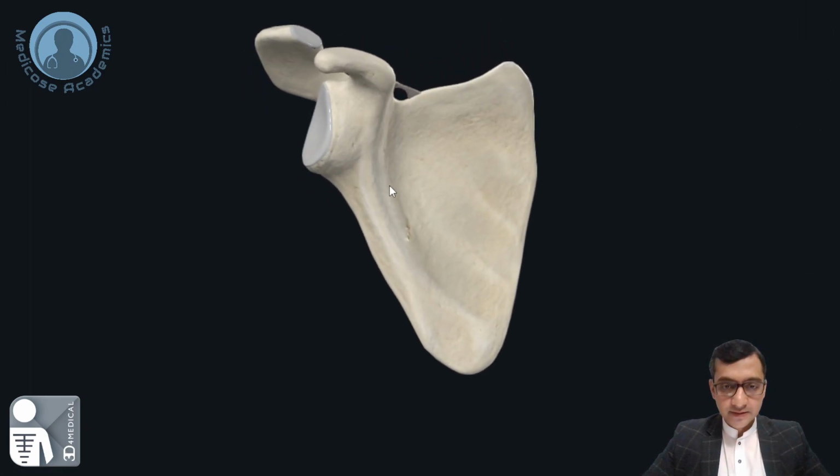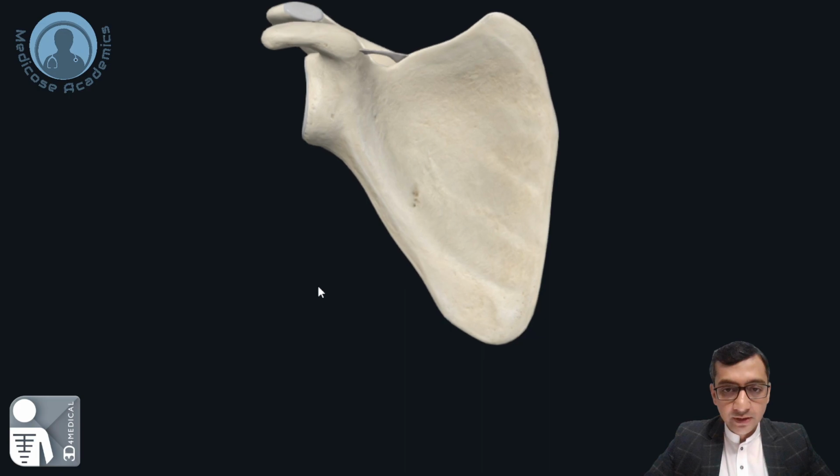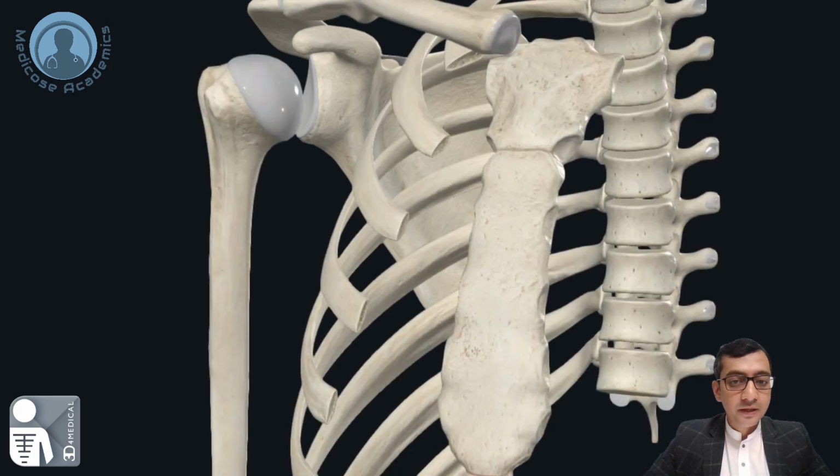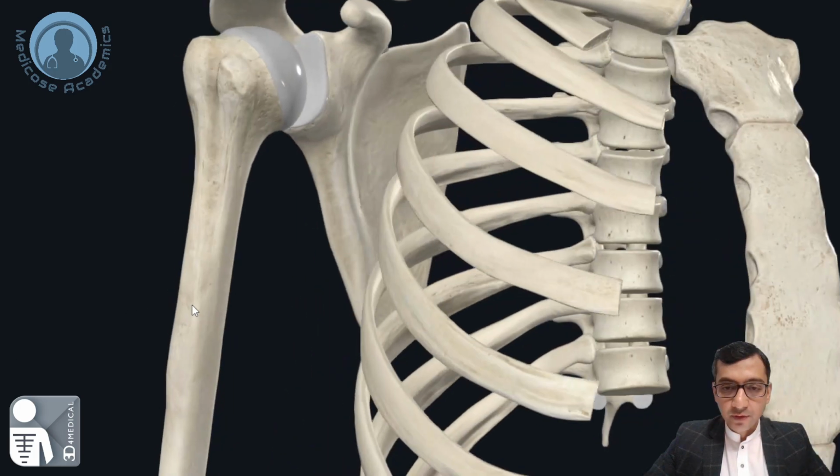Let us look at the surfaces. The surface that is anterior or ventral is the anterior surface or subscapular surface. Costal surface also, because it is adjacent to the ribs, in front of them.